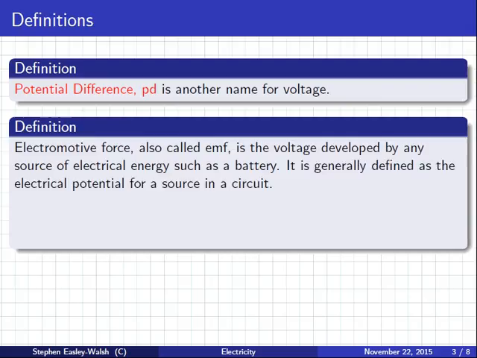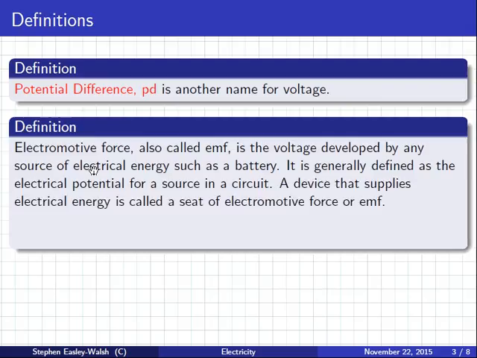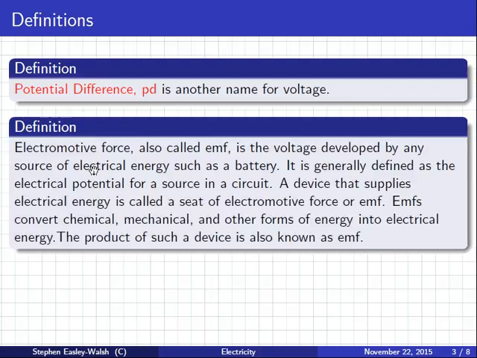In fact, sorry, the definition is very long. Before you write the definition down, I want you to try and understand it first. So if I have the battery on my phone, this battery can do work.